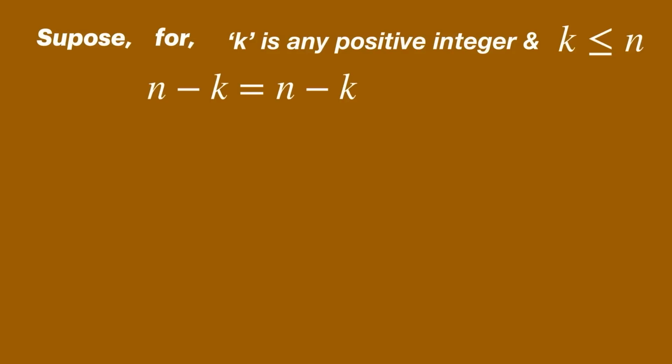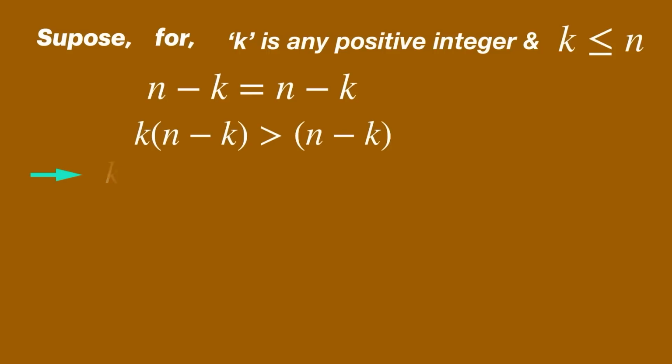So we can write n minus k equal to n minus k, and both sides are equal, and if we multiply by k on the left hand side, that would be greater. So k into n minus k is clearly greater than n minus k, because we multiply by k on one side, so that side, the left side, would be greater.